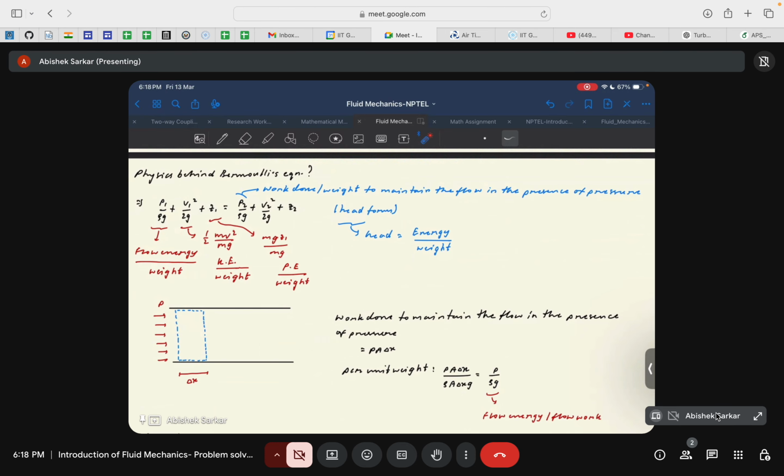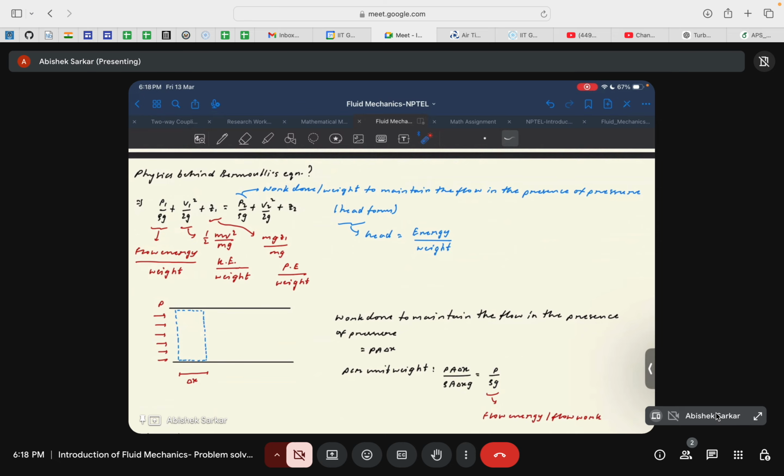So the term Z1 represents the potential energy head, or in this particular form of equation, the potential energy per unit weight, because we are dividing by mg. Potential energy is basically mgz1, so mgz1 divided by mg leaves you the head or the height. It is the potential head. The second term is v square by 2g, which is the kinetic energy head, okay.